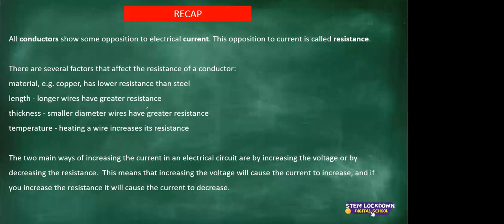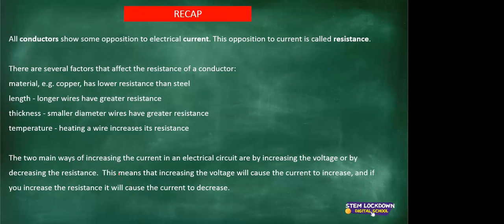Thickness: a small diameter has a greater resistance, because with a smaller diameter, less current can pass through. And temperature: heating a wire increases its resistance. So basically, the more heat in the wire, the greater its resistance.